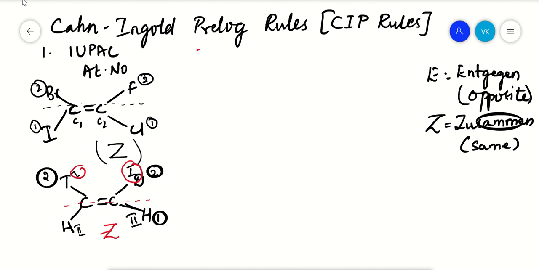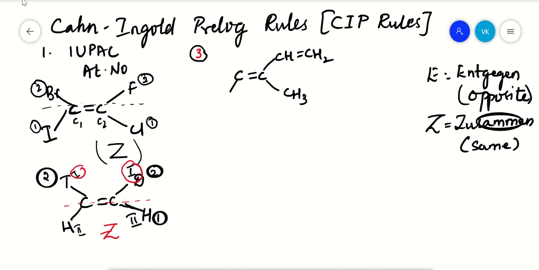Now let's see our third rule, that is, if you have double, triple or single bonds in your molecules. Let us take one example. C double bond C. This is your double bond that is present. And to this you have CH double bond CH2, and to this you have CH3.